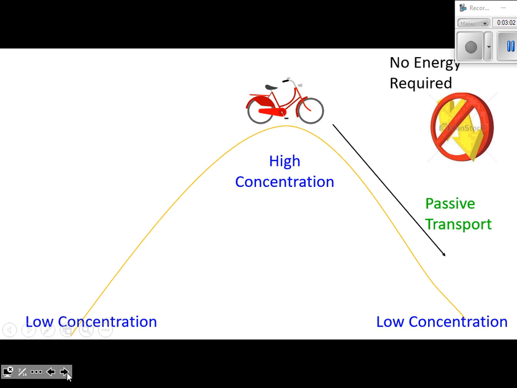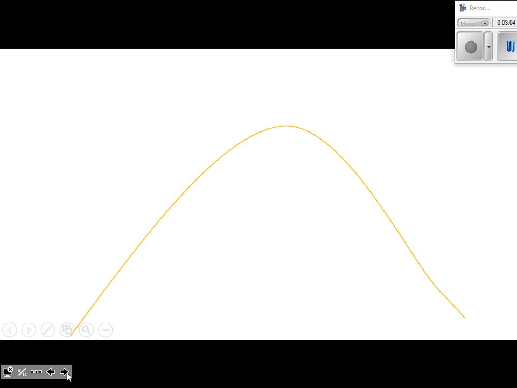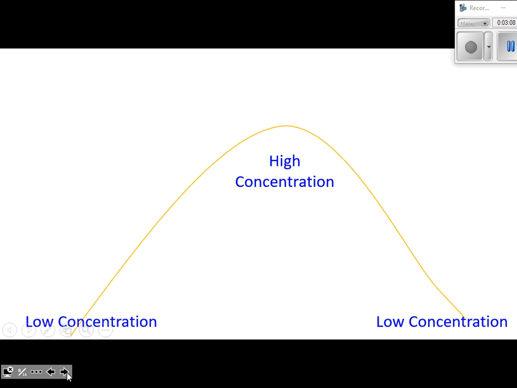Now, let's set that up and look at it in a little bit of a different way. I still have my same high concentration. I still have my same low concentration. However, my bike is starting here. I'm at the bottom of the hill over here. So I'm at a low concentration, correct?